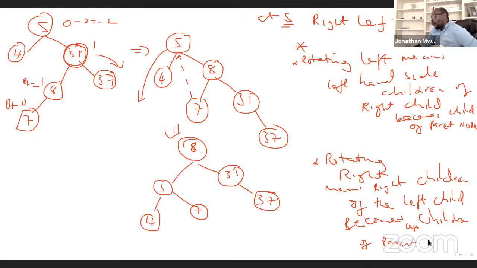Actually, this is an important thing. Write them down somewhere. These are important. So rotating right would mean right children of the left child becomes left children of the parent node.